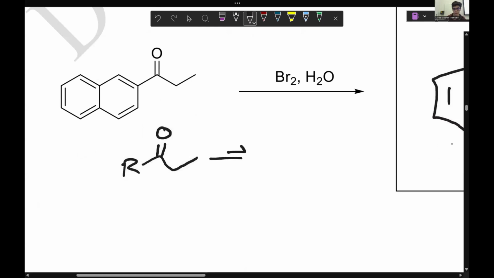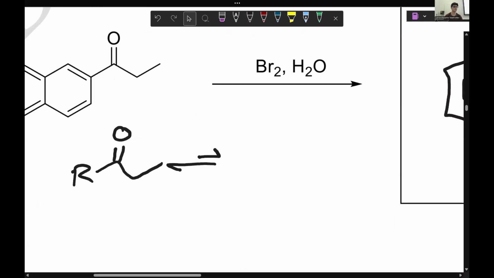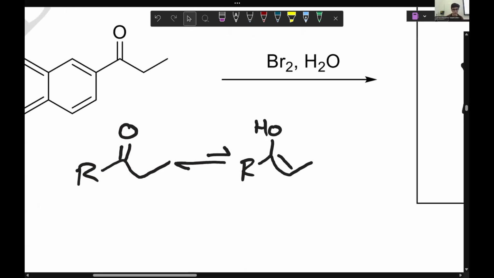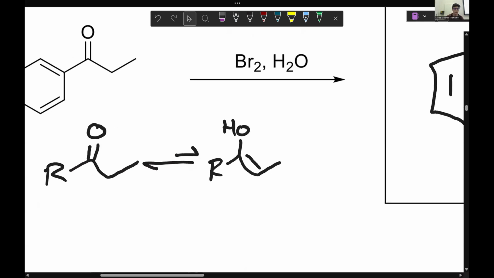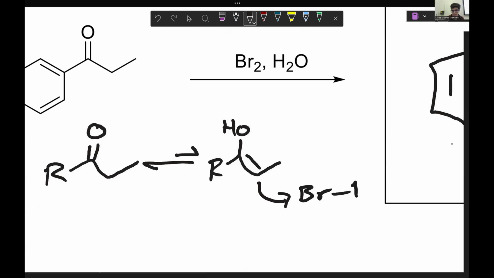Remember, this is from OChem 1, that whenever we have a carbonyl, it's not like that in solution all the time. It's actually in equilibrium with the tautomer, the one that looks like that. That's the double bond that we can use to attack the Br, and that's how we attach it on there.